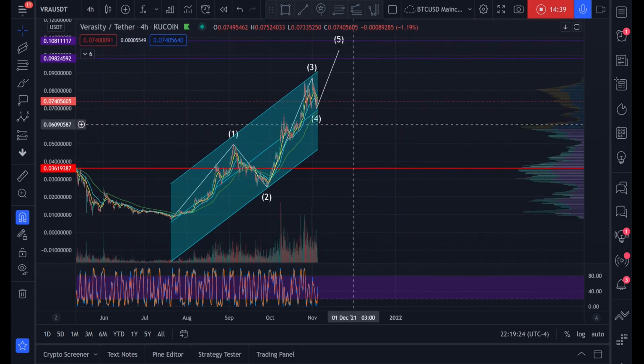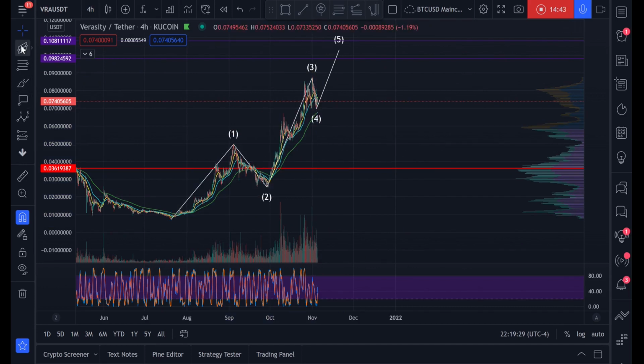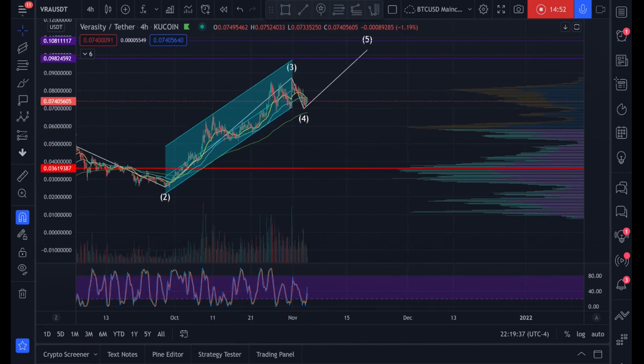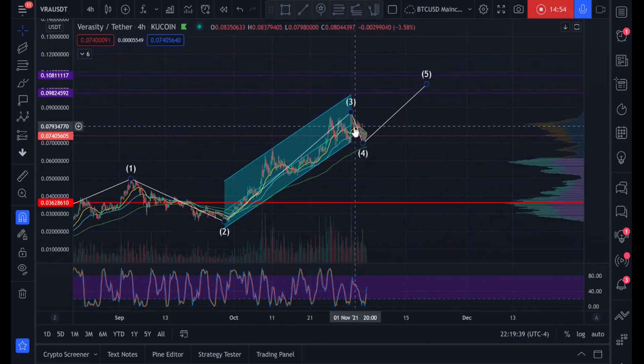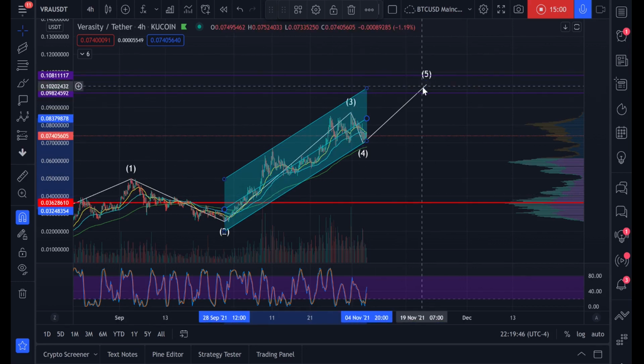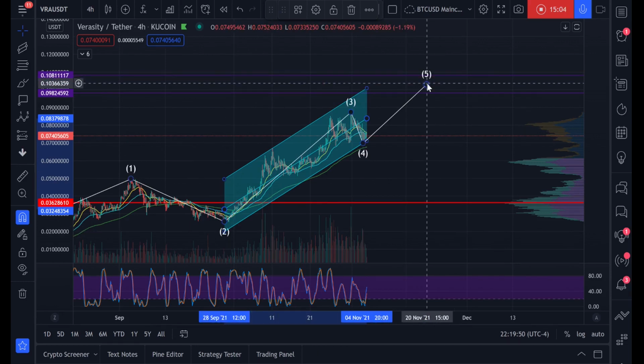And what we're most interested in, and this is one of the reasons why I just had the channel on the third wave, is because this is the most impulsive trend, okay? Typically you have your wave 3 in an impulse that isn't matched by wave 1 and wave 5. So you'll see wave 3 be really steep, and wave 5 can also be steep, but not as momentous sometimes.